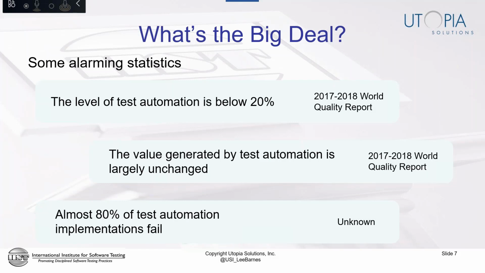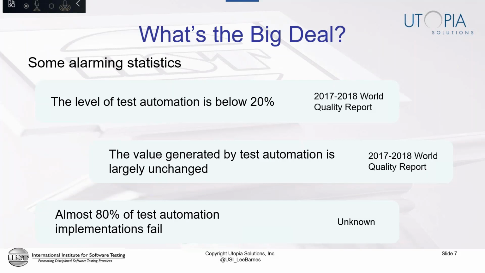And similarly, it goes on to say that the value generated by test automation is remaining largely unchanged. So even as we pour more and more resources, effort, and money into test automation, we're not really getting anything more to show for it. So there's got to be some underlying issues that we'll need to look at.